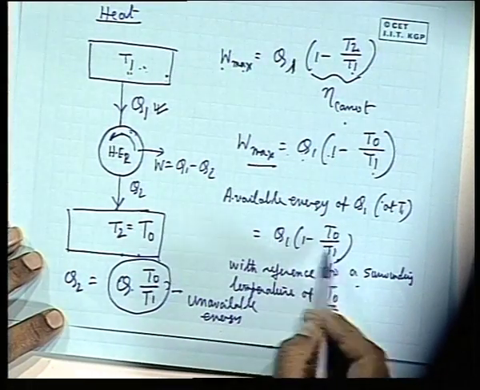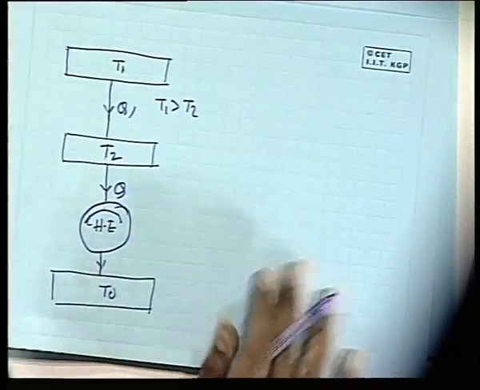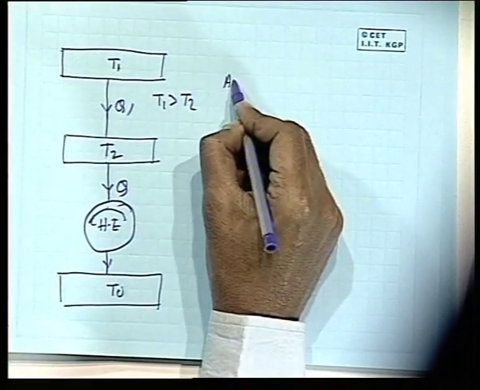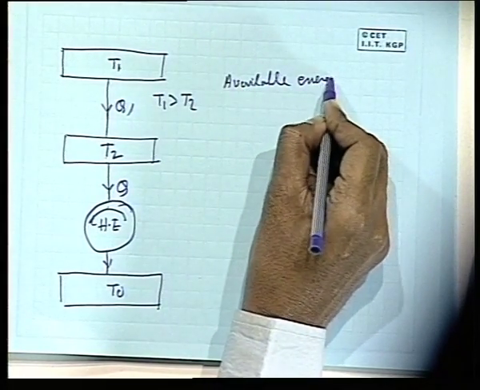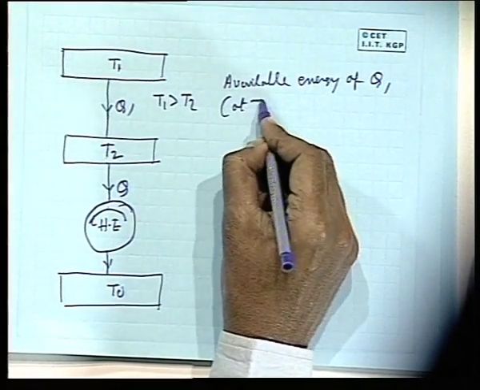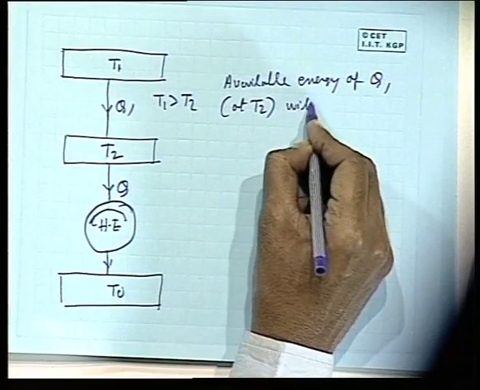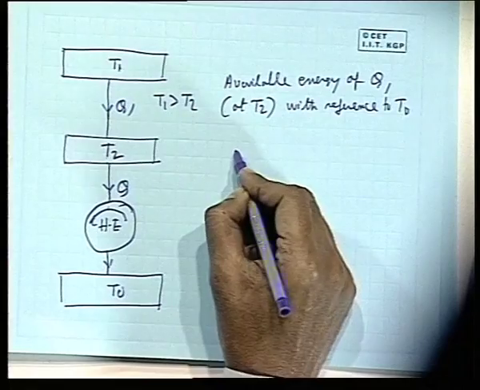Now, what is the available energy of Q1 at T2, with reference to T0? What is this? You tell me.